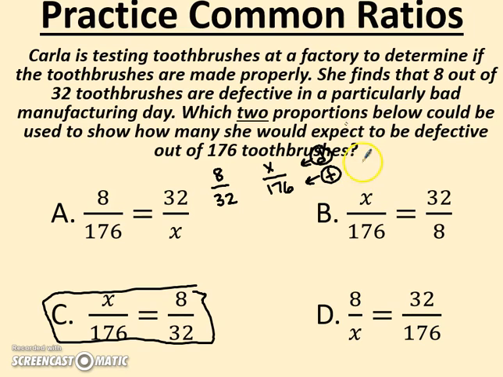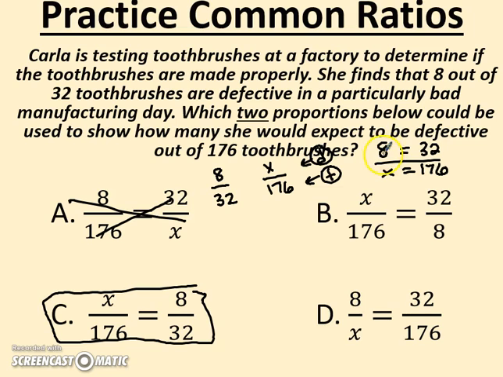So let's write it horizontally this time. 8 are defective out of 32. How many are defective out of 176? Now, we see the 8 and the 32 aligned, like I have, but the bottom's backwards, so this is not our option.